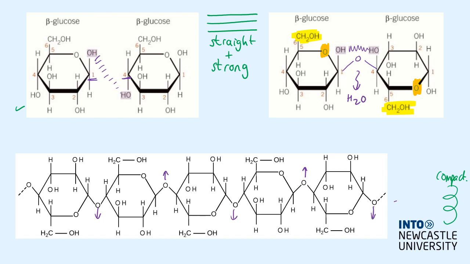And this means that the structure is very, very straight. I often find the easiest way is to think where the carbon 6 is. So these are all the carbon 6 molecules pointing in different directions like that. So it means that this cellulose molecule will be straight and strong.